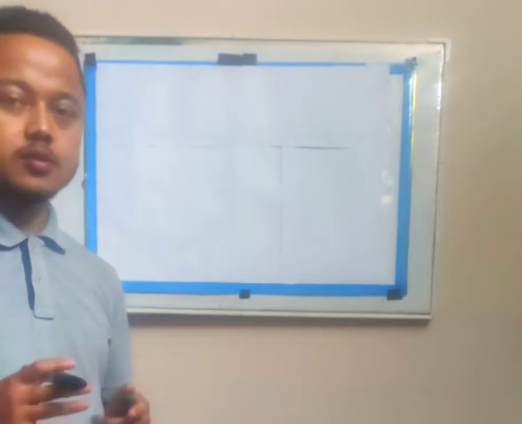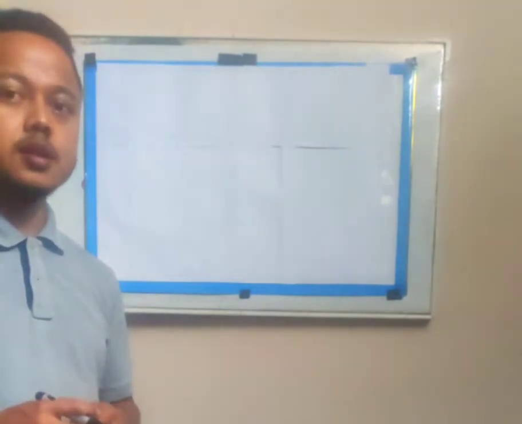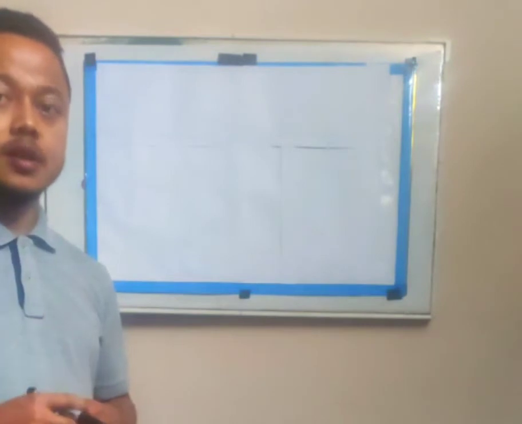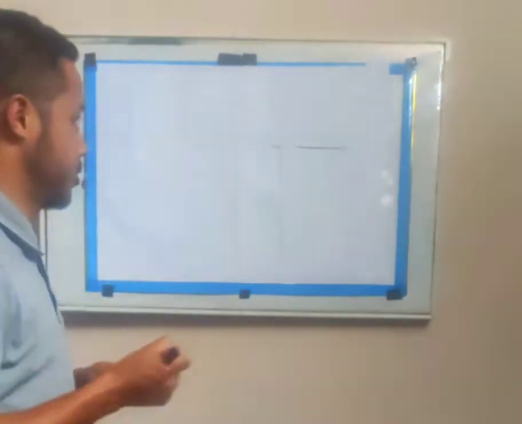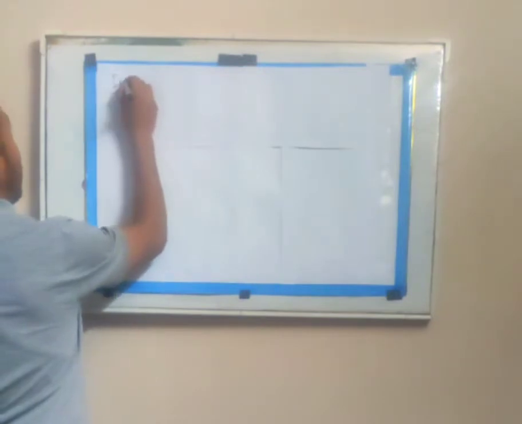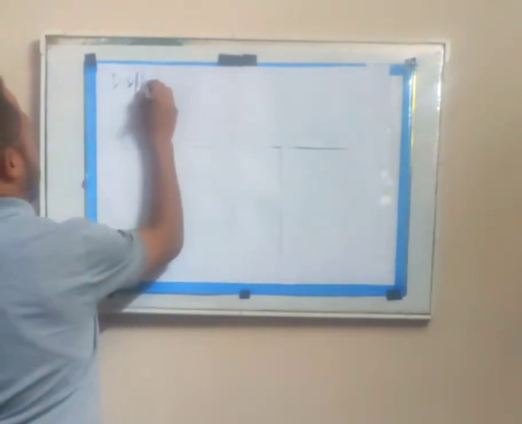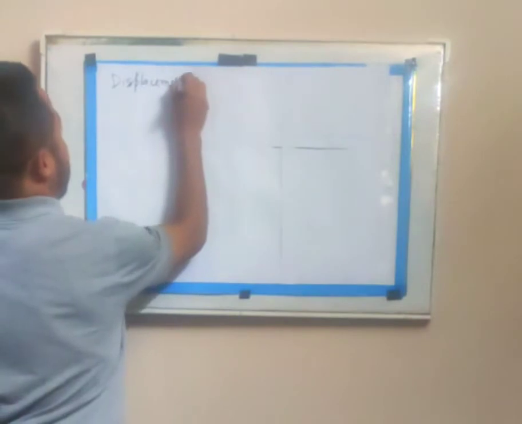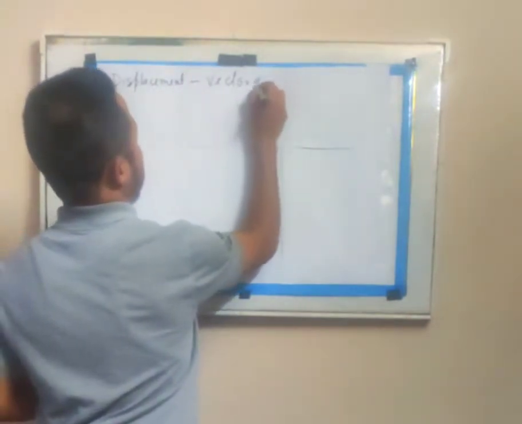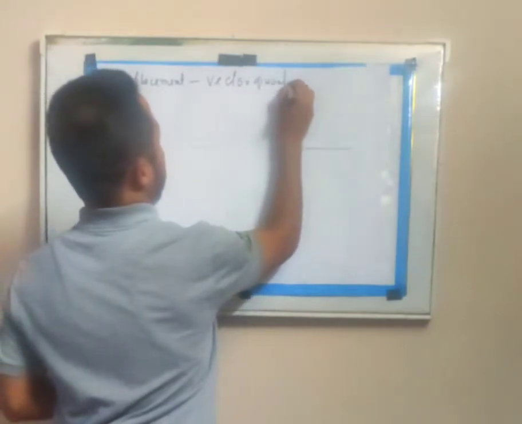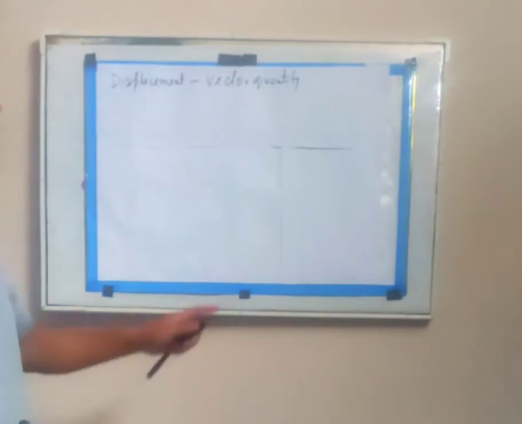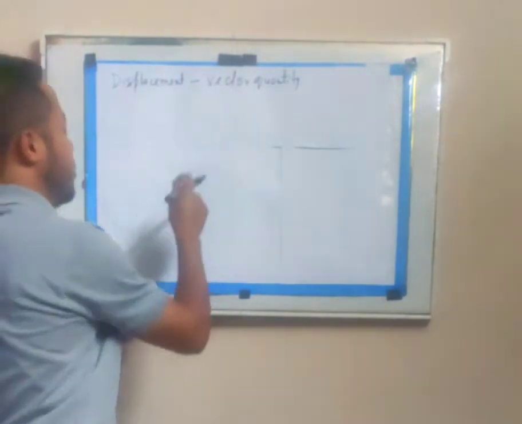As you know, distance is a scalar quantity and displacement is a vector quantity.